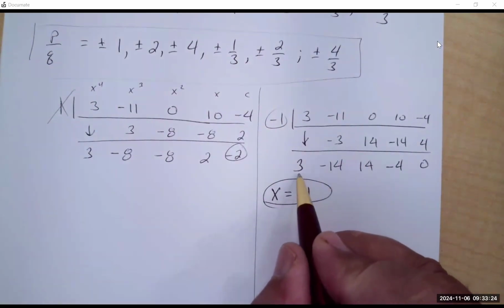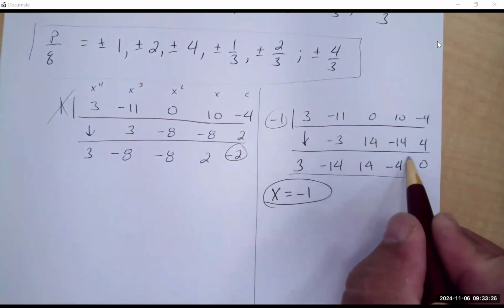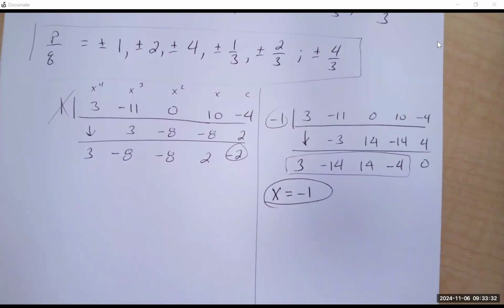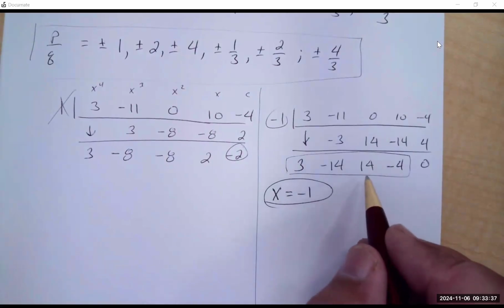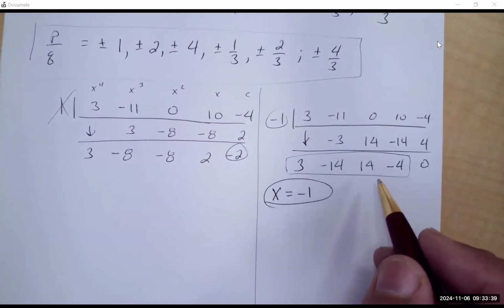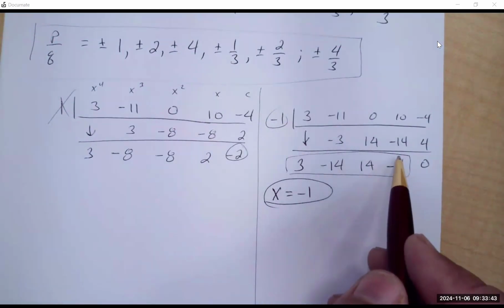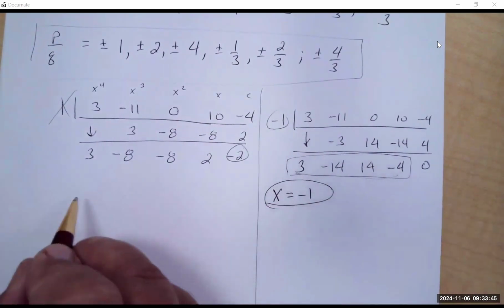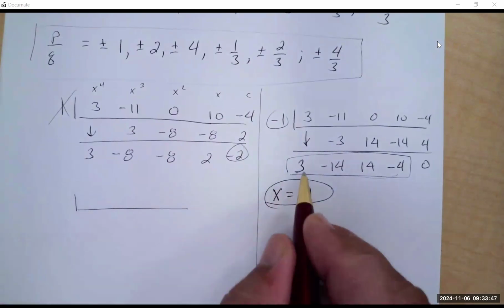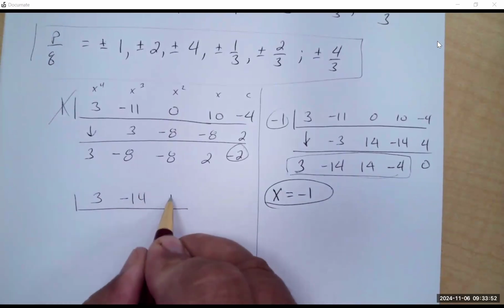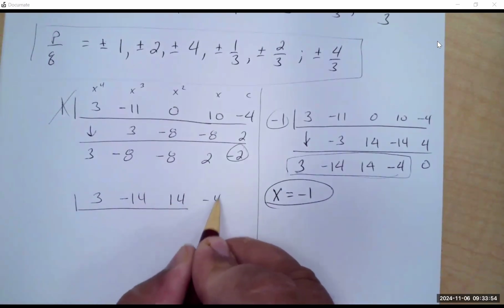So now all we have to do is look at this equation right here. Since x plus 1 was a factor, I have to only look at this equation now: 3, -14, 14, -4.